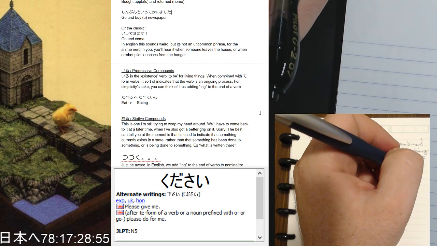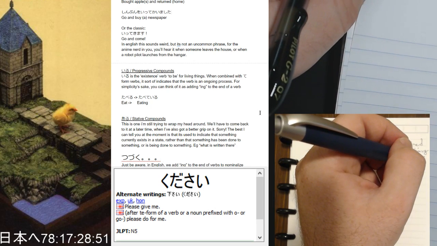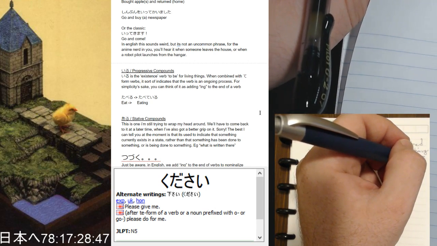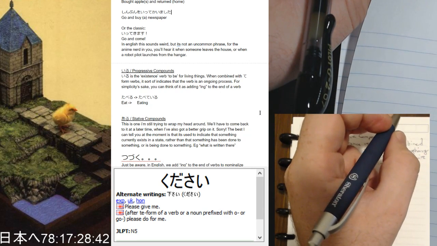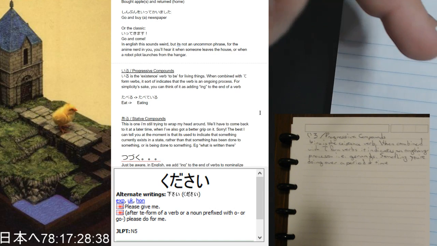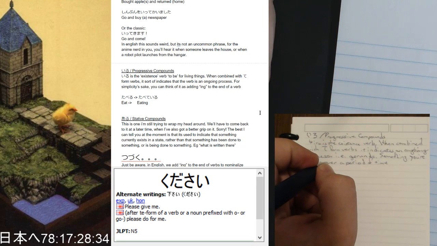Sundeiru is to live somewhere. Sacramento ni sundeimasu. I live in Sacramento. But not just I live in Sacramento, I am living in Sacramento. ING.